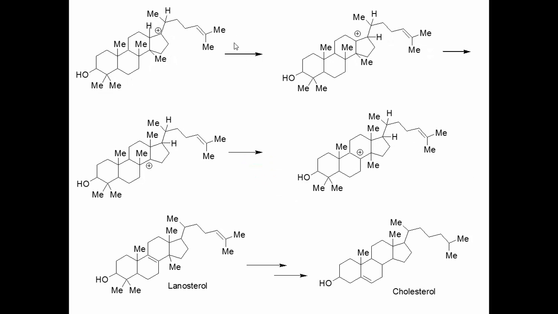We're going to do another 1,2 hydride shift to make this tertiary carbocation. Now we're going to do a 1,2 alkyl shift, the alkyl group we're shifting being a methyl group, so I'll call it a 1,2 methyl shift. This now generates this carbocation. Another 1,2 methyl shift.